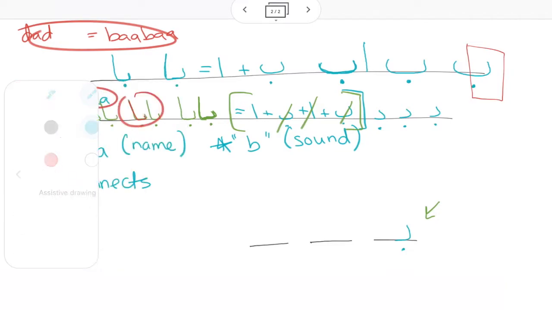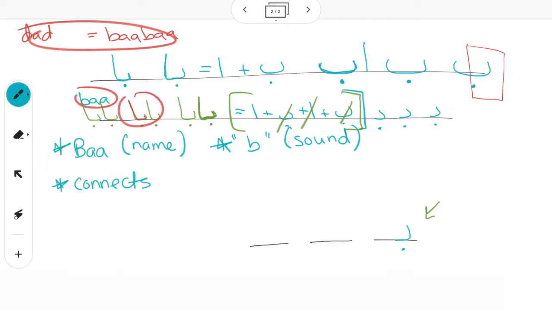Okay, we're now on page 24. Let's continue on. Ba is a letter, like I said, that connects on both sides. So when it is in medial position, what it does is we have a connecting letter, one vertical line up, and a connecting line right after. Okay, so it connects like this and like this. So you want to write that a few times.